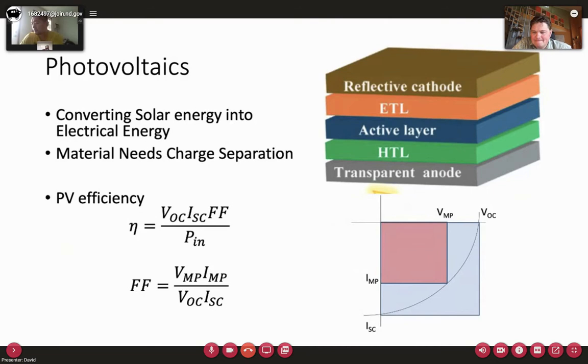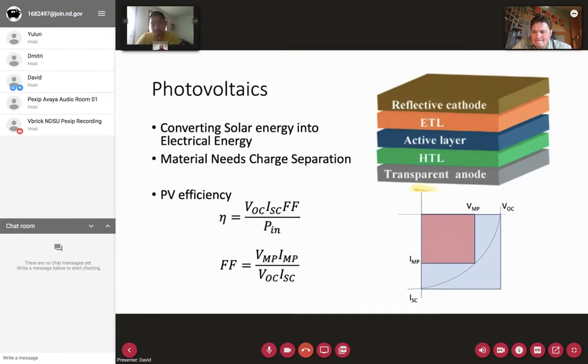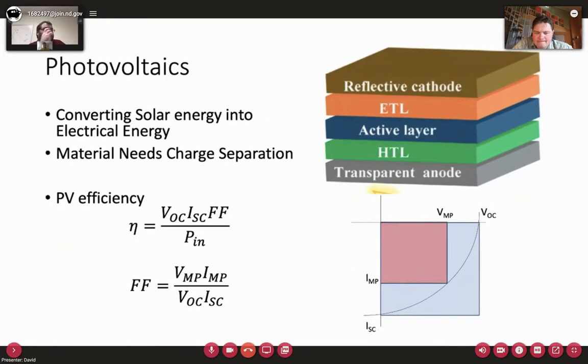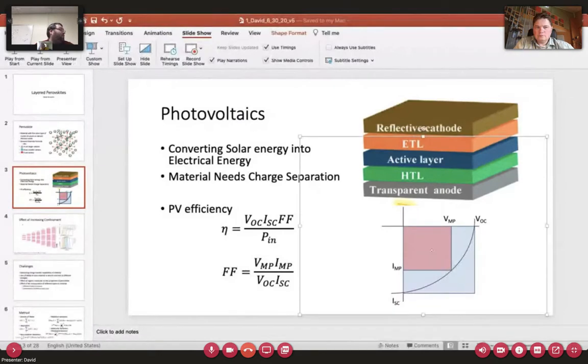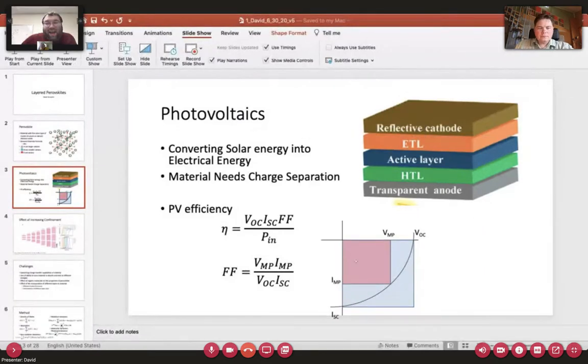The way I understand it, the area of this curve is important to the efficiency, or the area of the red box or red shaded area. So if we could, let me get out of the slideshow for a second. That's not set up the way I thought I had it set up.